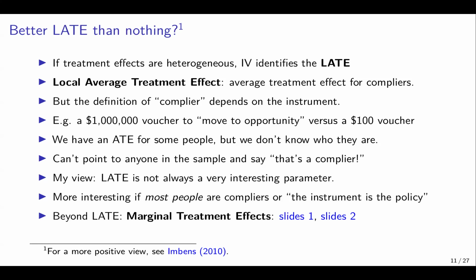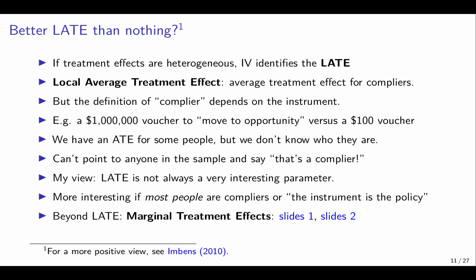It varies with what the inducement to take the treatment is. So let's think about moving to opportunity. My guess is that if you offered people a $1 million voucher to move to opportunity, most of us would be willing to move. So most people would probably be compliers in a world where the voucher was $1 million. On the other hand, if it was $100, maybe there'd be relatively few compliers. Think about it.